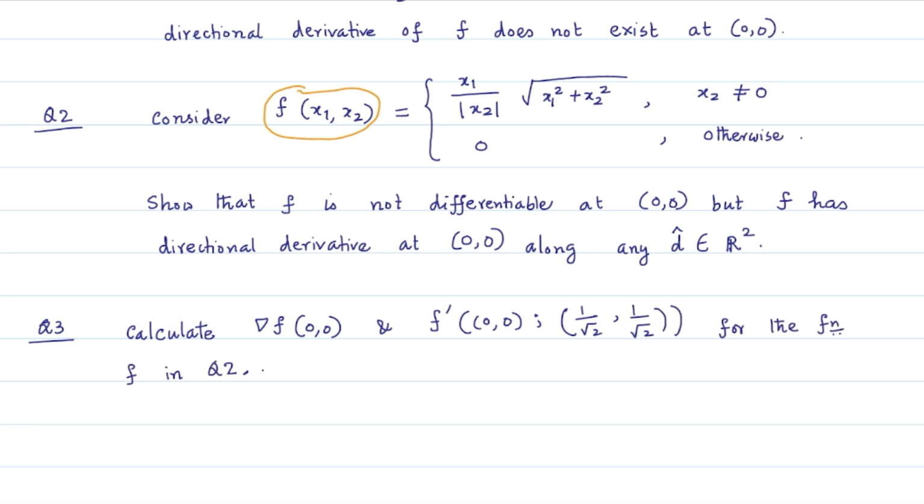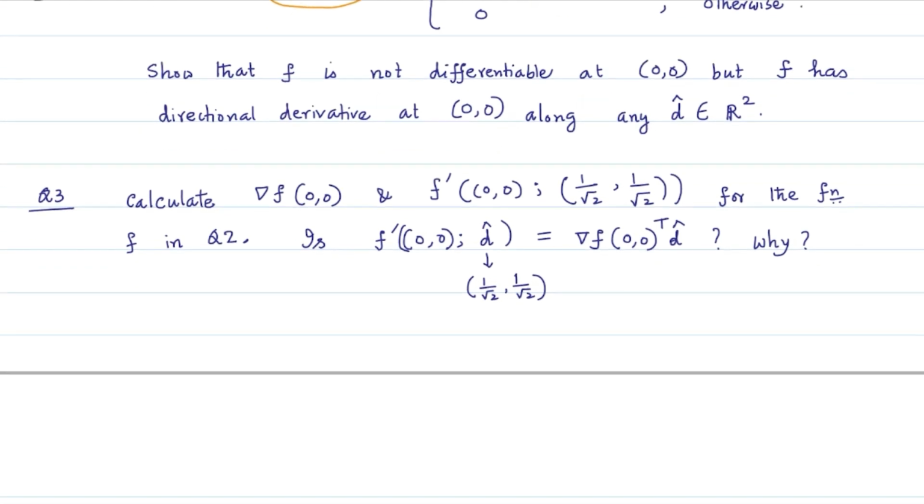After calculating this directional derivative value, please check if this directional derivative value along the direction d hat, which is given by (1 by root 2, 1 by root 2), is equal to the dot product of the gradient vector and the direction d hat. You will find that they are not equal, and then I would like to ask you why they are not equal.